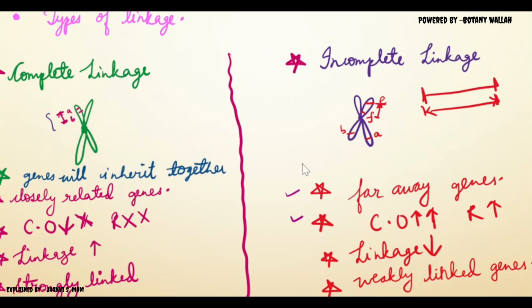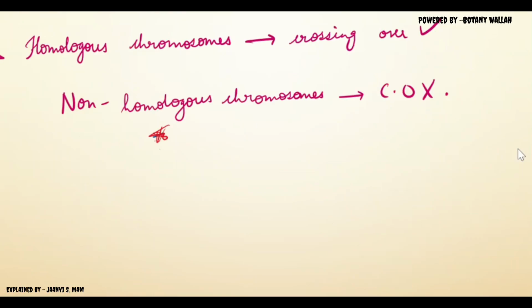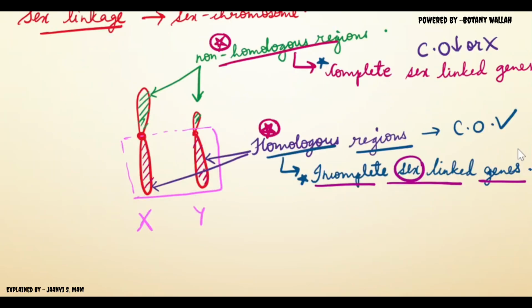But if they are very far, then genes won't inherit together. Same thing you can say here also: if the genes are incompletely linked, that means they won't inherit together.